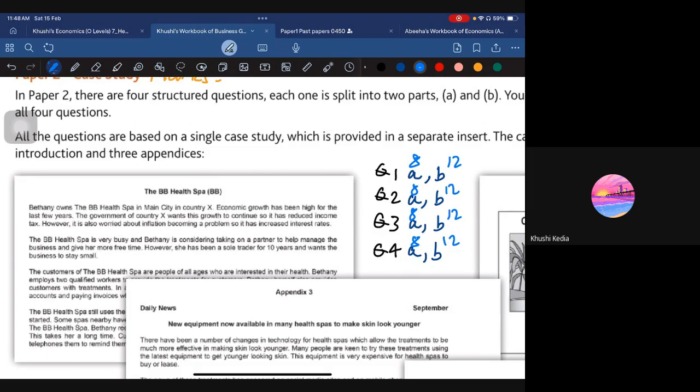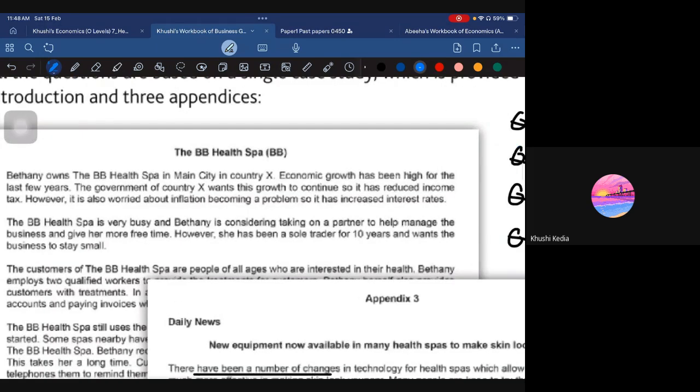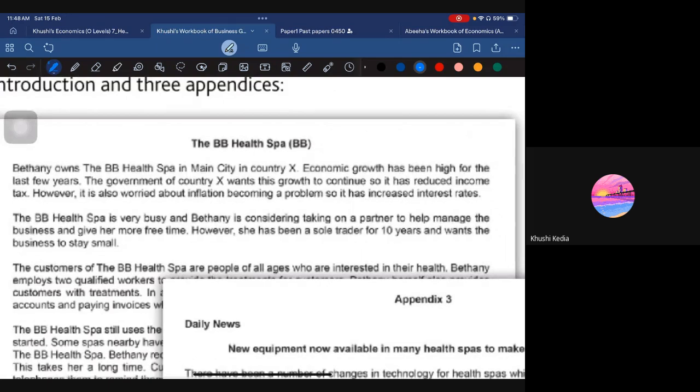So when you're reading the case, let's suppose this is the case study: Bethany owns the BB Health Spa in main city in country X. Economic growth has been high for the last few years.